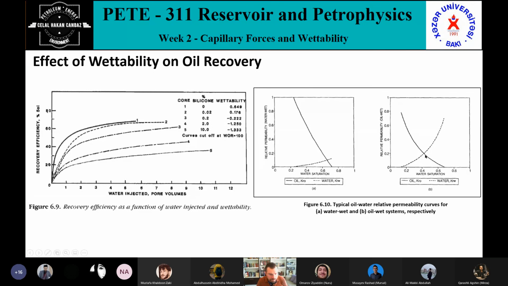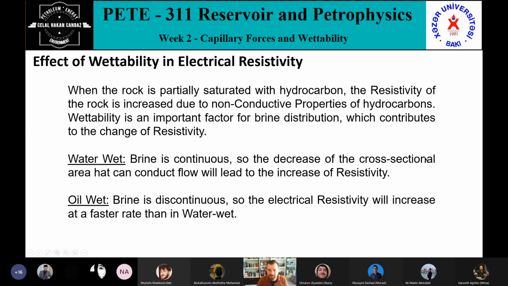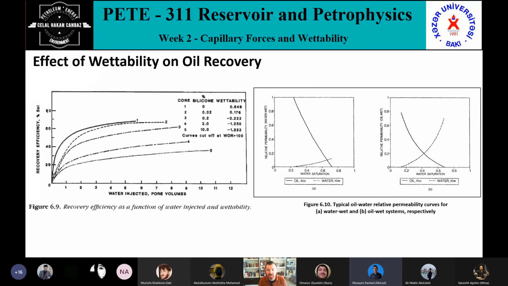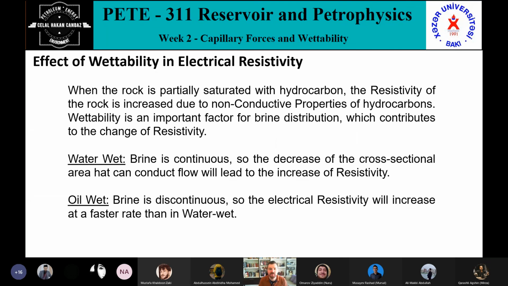But for a sandstone or a carbonate, which is representative as homogeneous, the cross point will definitely show that if it is higher than 0.5 it is water wet, lower than 0.5 oil wet. Clear? Yes, teacher. This can be one of your questions in future. Okay, so let's go.